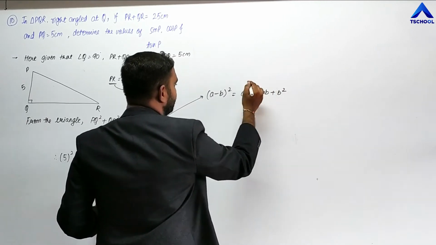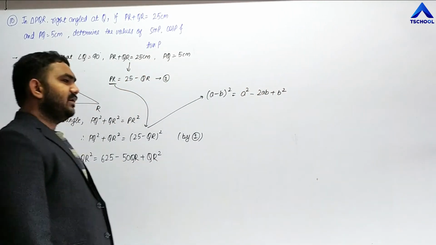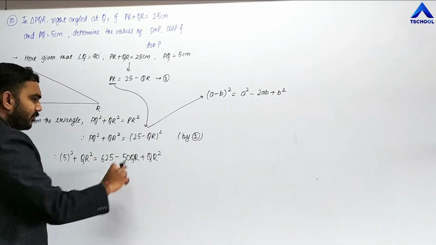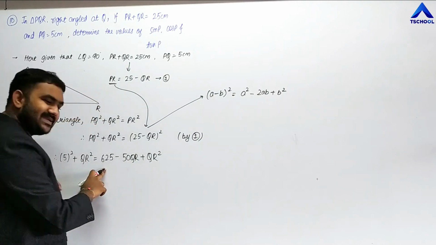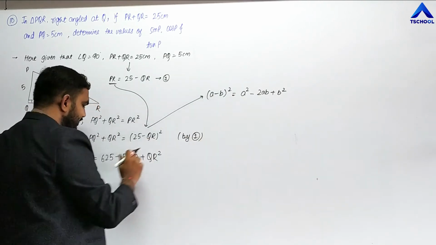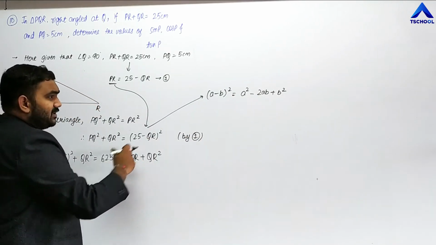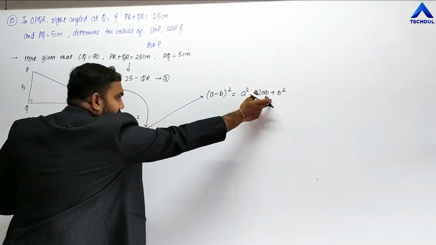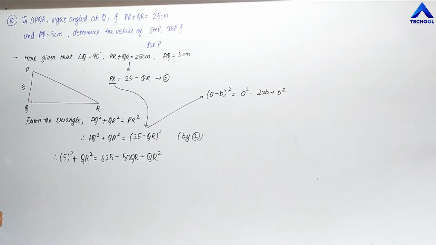You take a as 25 and b as QR. So 25 square is 625 minus 2ab, that is 2 into 25, that is 50, into QR, plus QR square.